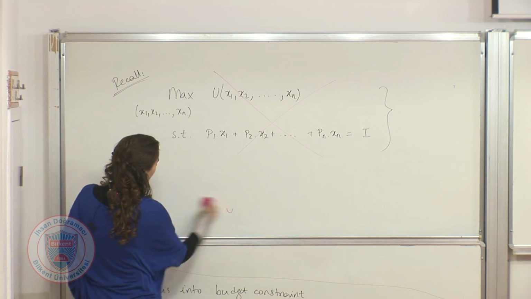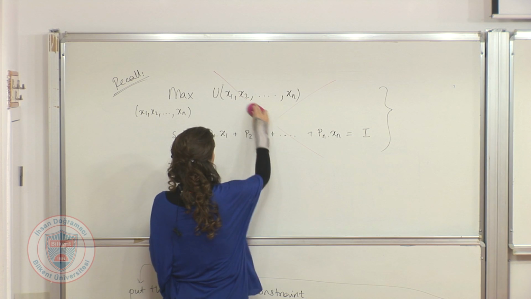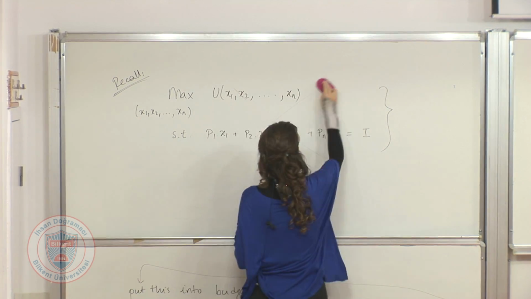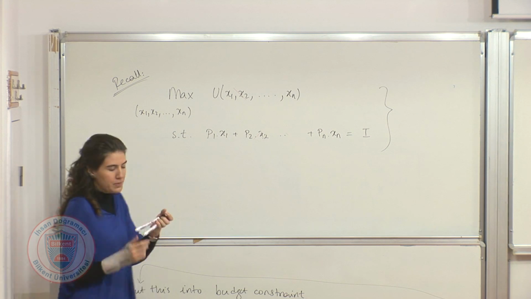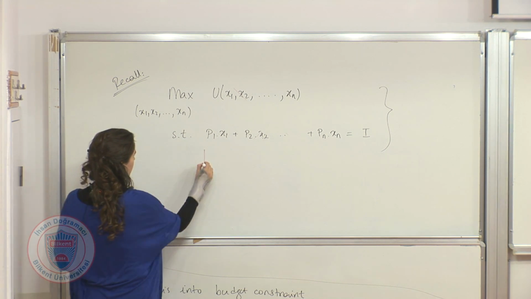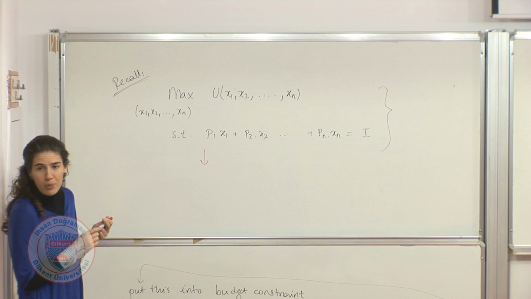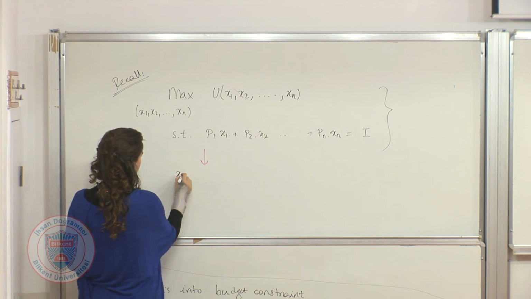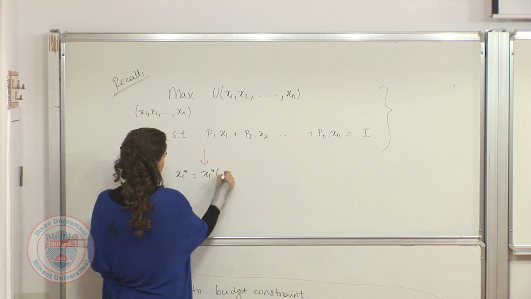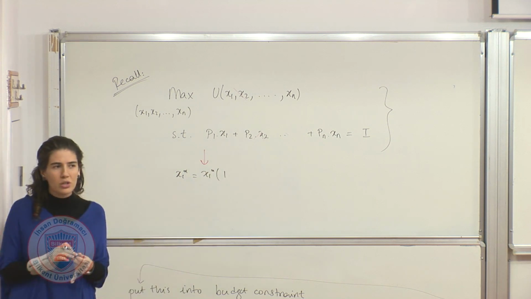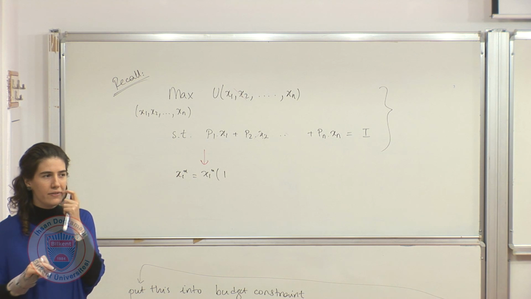Suppose we have this problem, and I solve this and get these optimal points. Let's call this x1 star. So x1 star is a function of what? The demand function is a function of what?